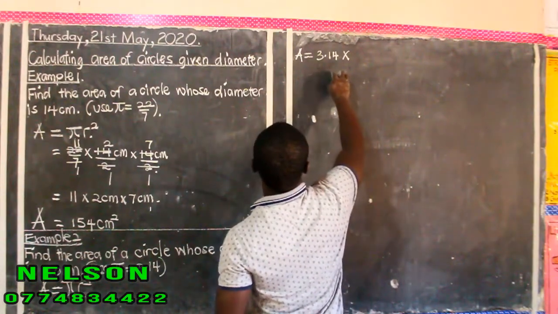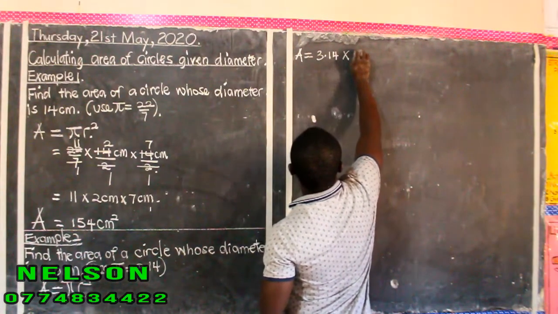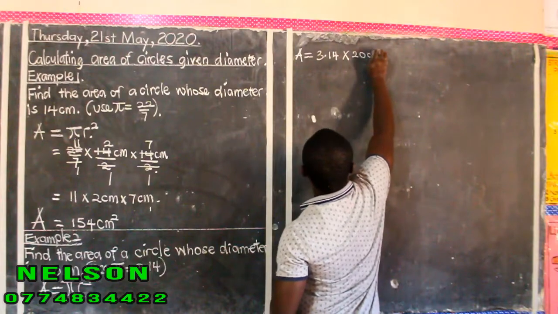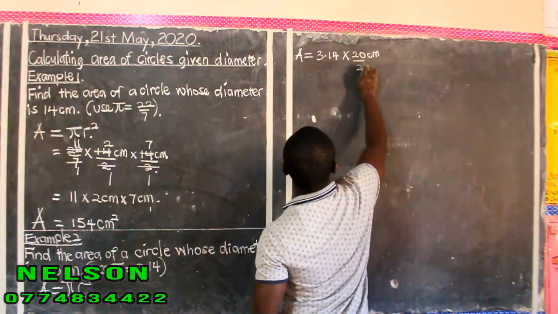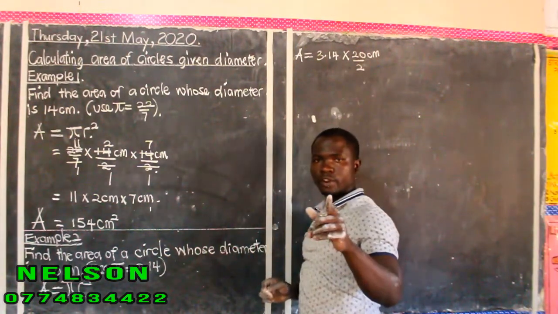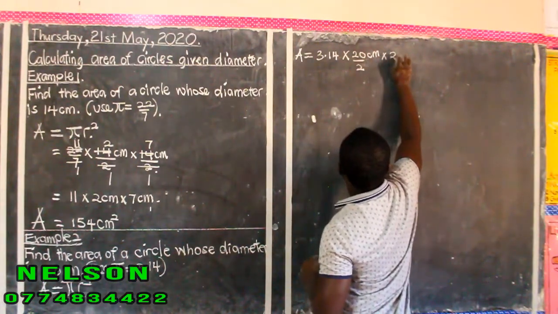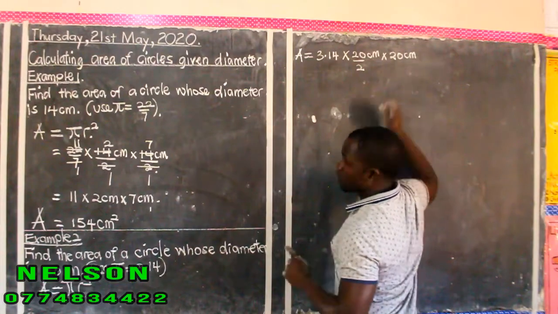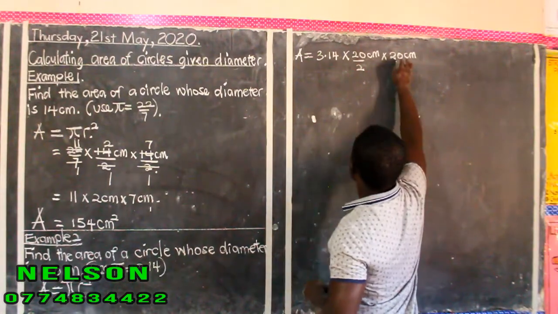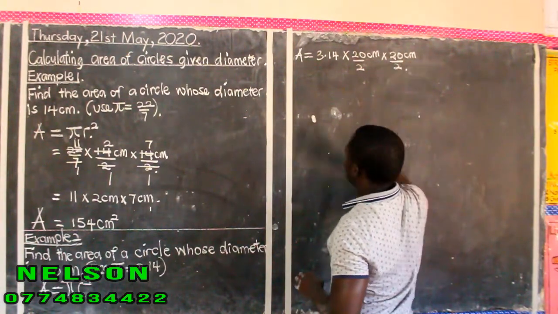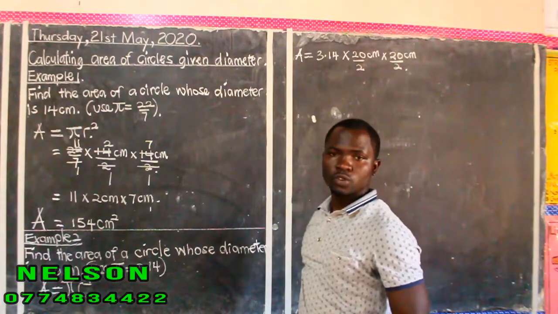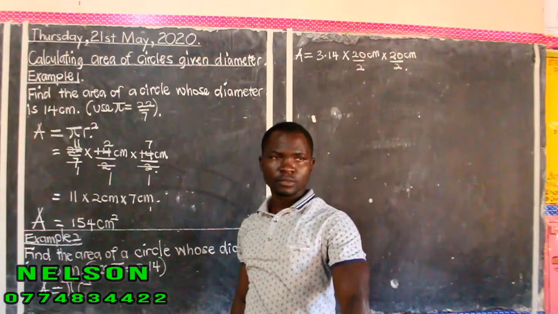So we shall say 3.14 times 20 centimeters out of 2. It is now the radius. Times, again you get 20 centimeters, which was the diameter, and you divide it by 2 to get the radius.